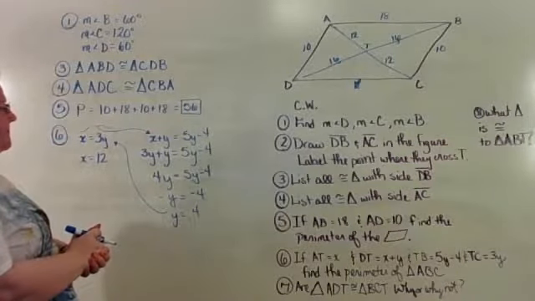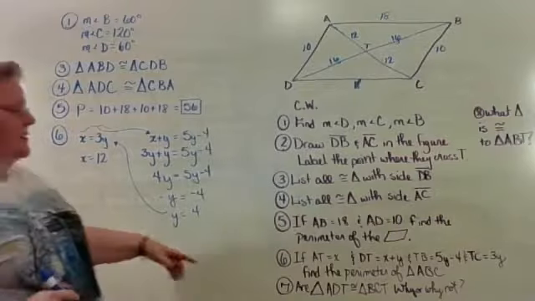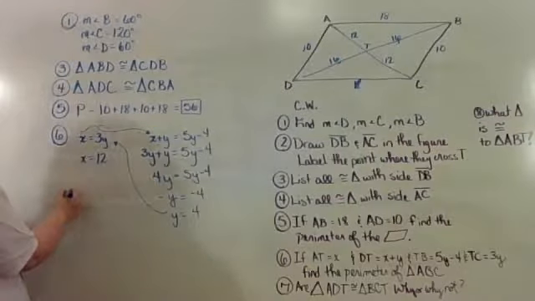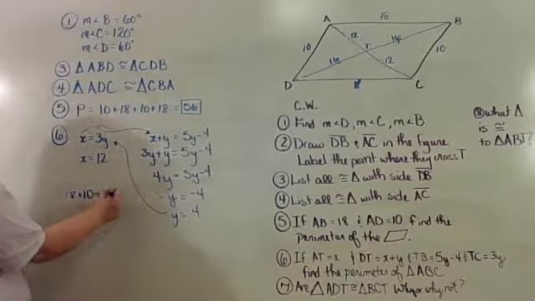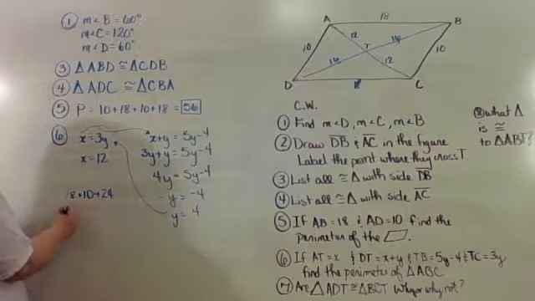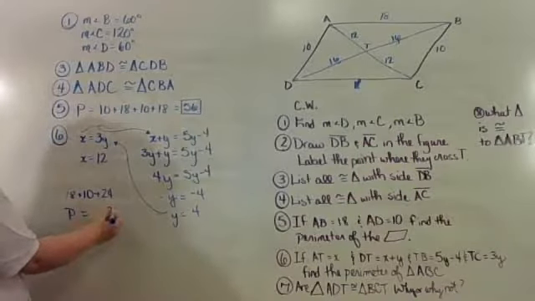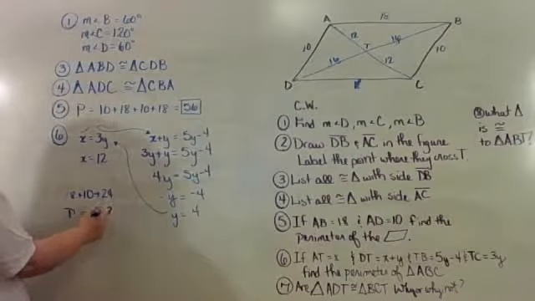Okay. Now that we have that, what they asked us for is to find the perimeter of ABC. So that's going to be 18 plus 10 plus AC, which is 24. So my perimeter is really equal to 8 and 4 is 12, carry the 1.